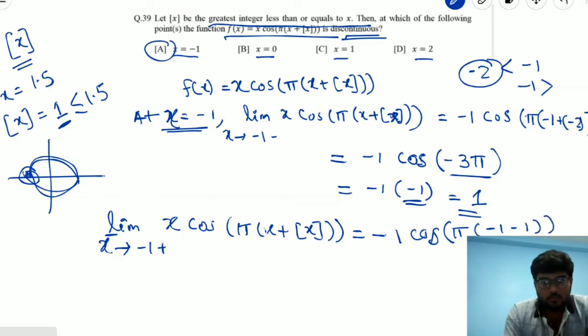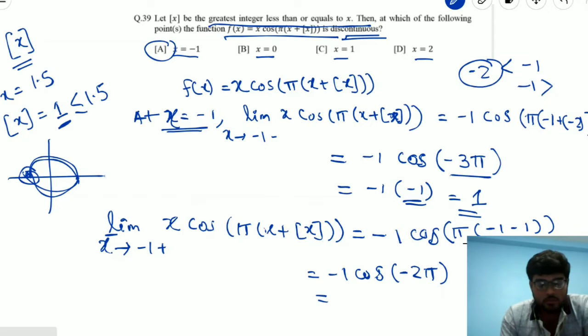So this is minus 1 cos(-2 pi). Cos(-2 pi) is nothing but cos 0, which is 1, so this will be minus 1, correct?